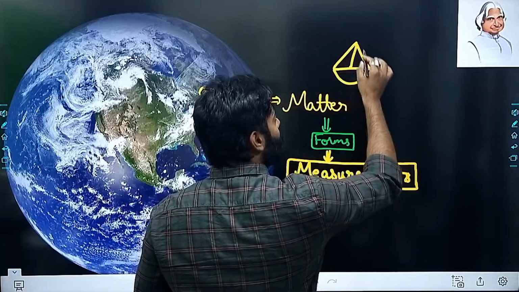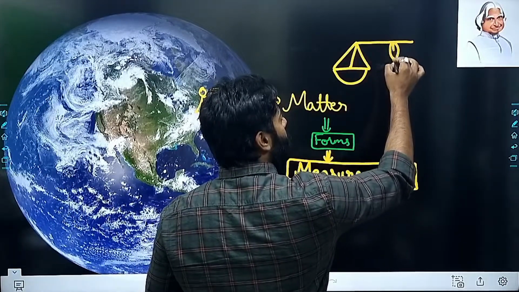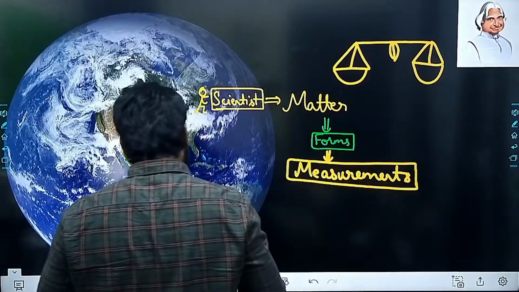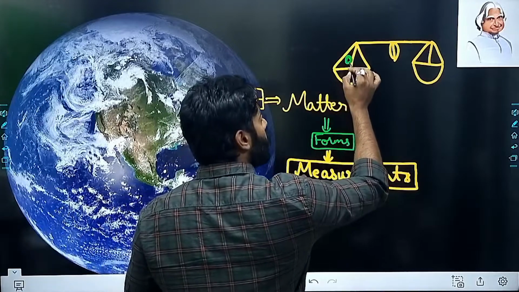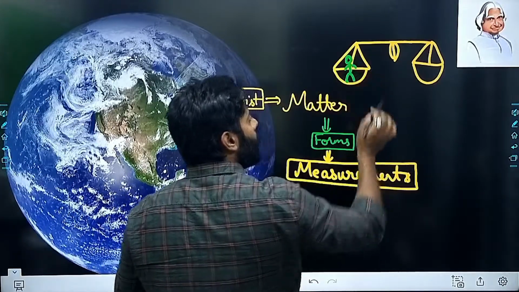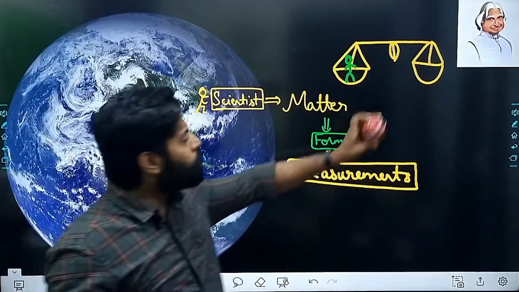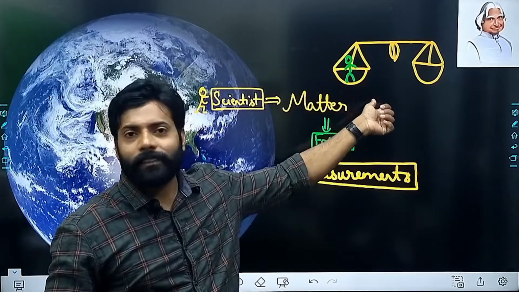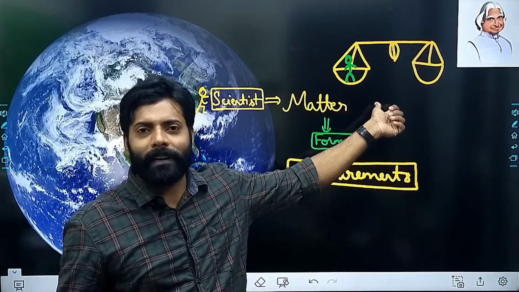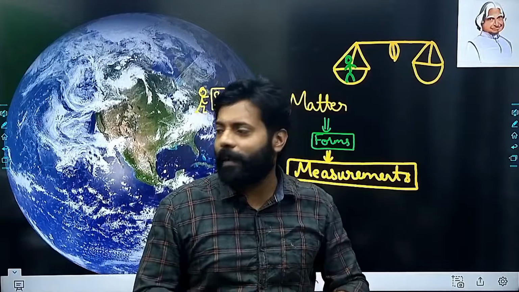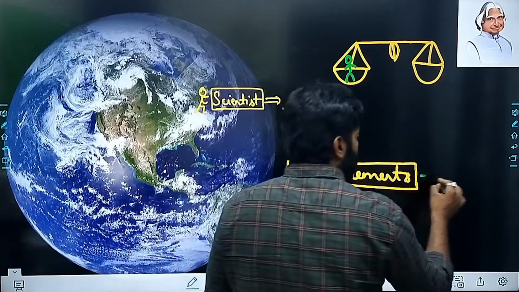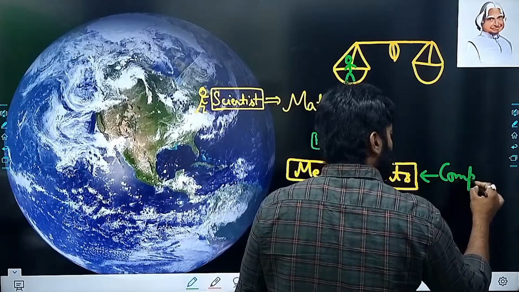How? If I stand there and put these balls here, then I can find out how many balls are required to measure that weight, isn't it? This is so simple: measurement is nothing but a comparison with the standard quantities, right? So measurement is nothing but a comparison.